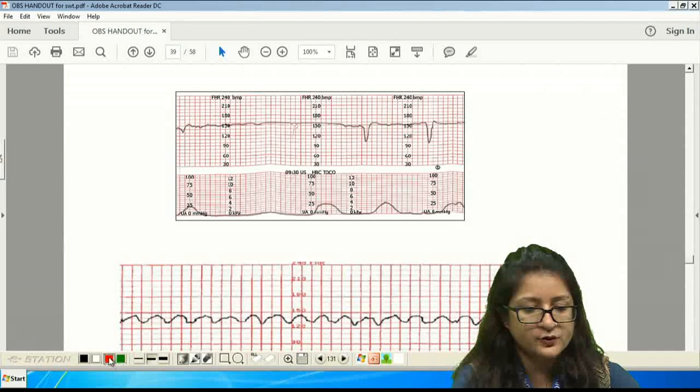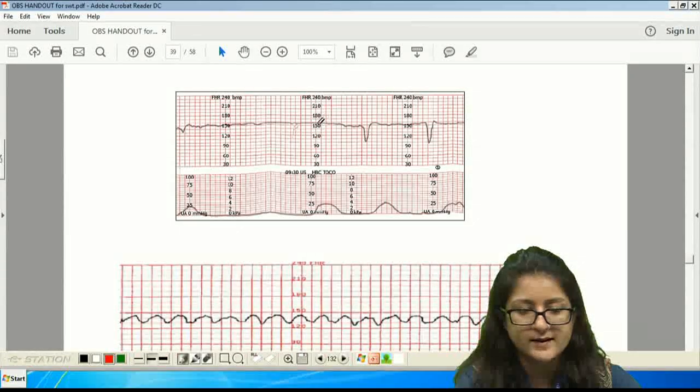In this figure I want you to appreciate what is happening here: this is our baseline.